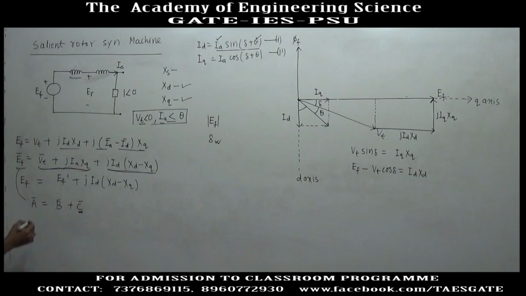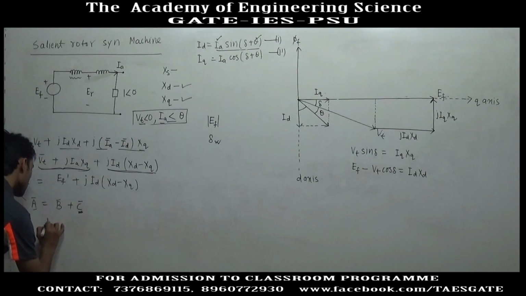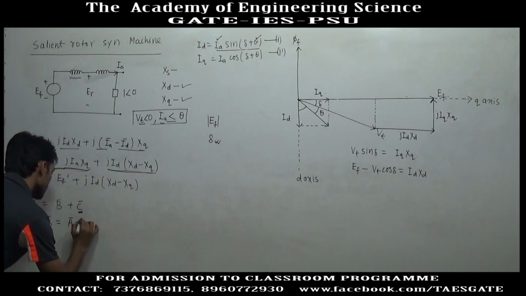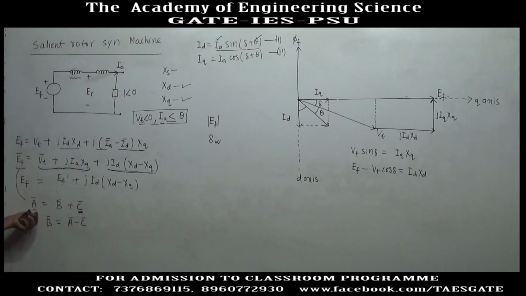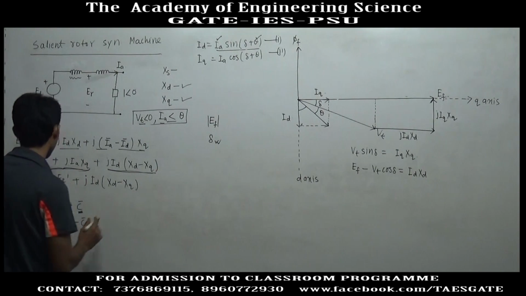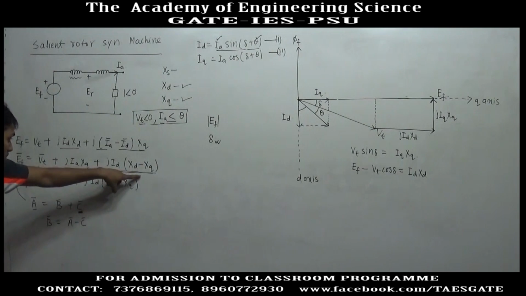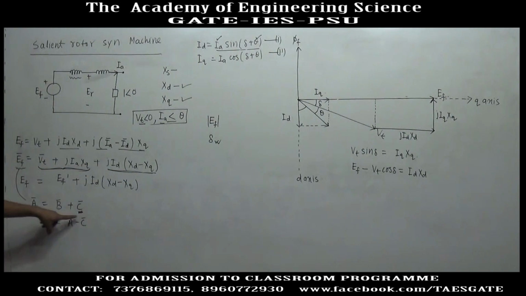We have three vectors, out of which two vectors are collinear. So B can be written as vector A minus vector C, and A and C are collinear, so the third vector will automatically be in the direction of A and C.